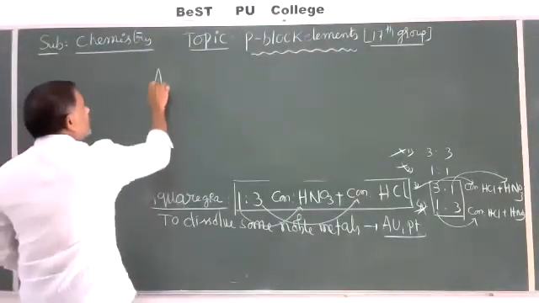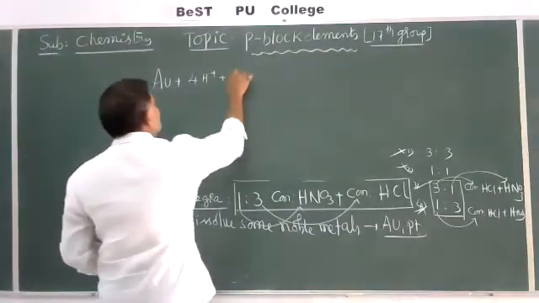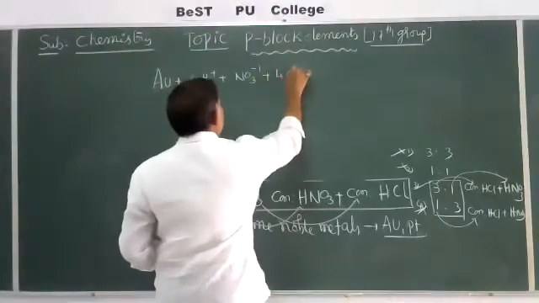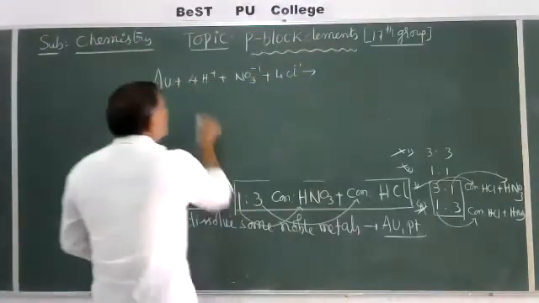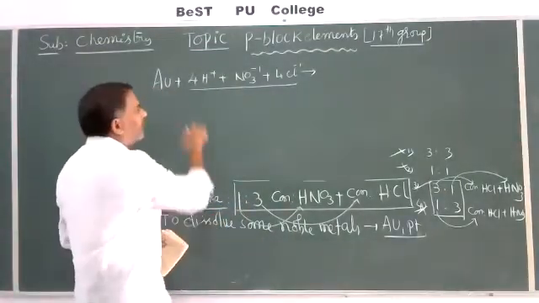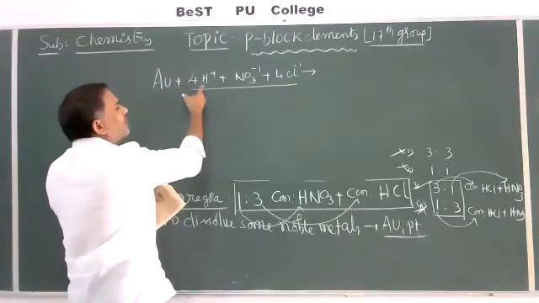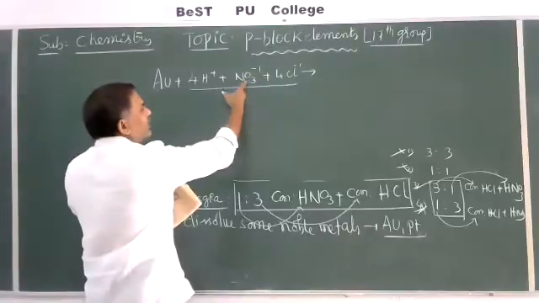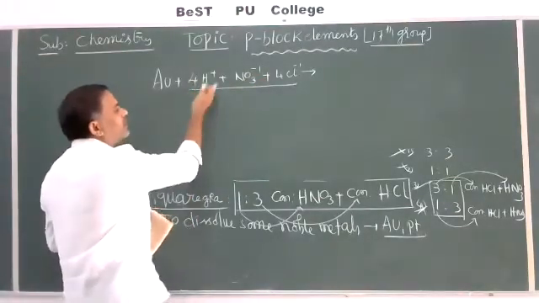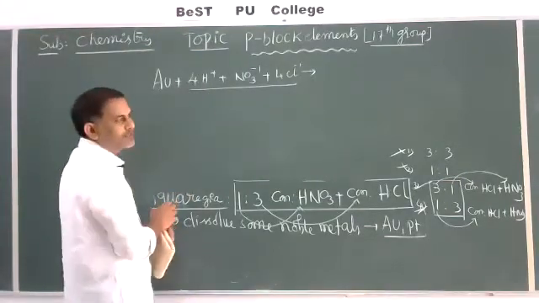Here, gold Au reacts with 4H+, NO3-, and 4Cl-. This is the combination of aqua regia. We can use the number of moles of H+ and Cl- and NO3- to balance it. In acidic medium, there is more H+ compared to NO3-. Both are acids.